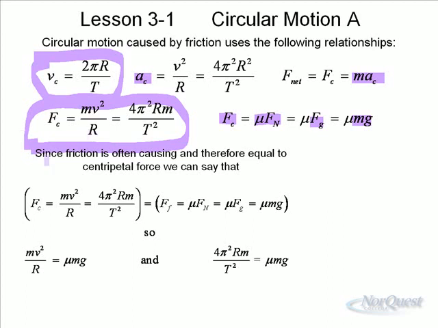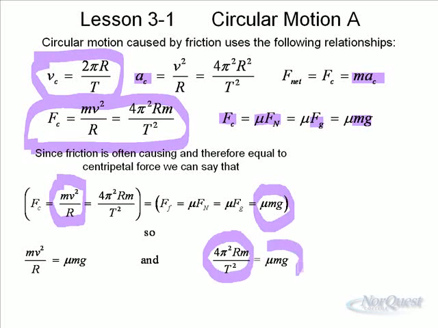And sometimes you can take these two ideas, that is, centripetal force might be equal to mu mg. And once you have these two relationships set up, you can manipulate them and solve for lots of other different variables. All right?